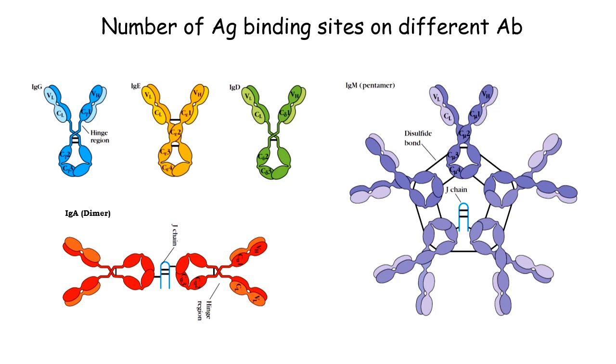If you talk about the number of antigen binding sites in different antibody forms, for example monomeric, dimeric, pentameric and hexameric, then in a monomer immunoglobulin there are 2 antigen binding sites.